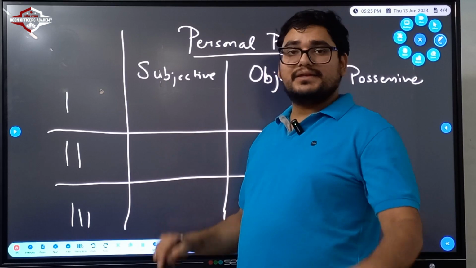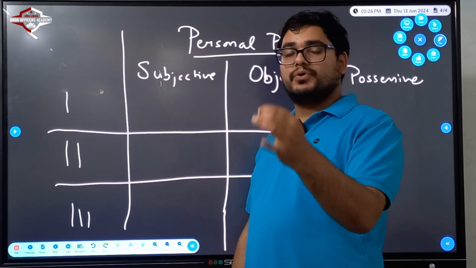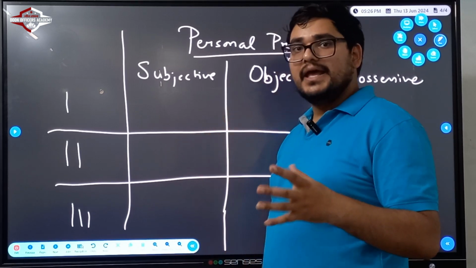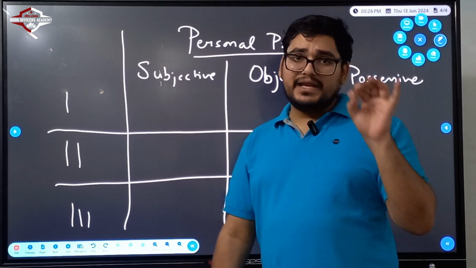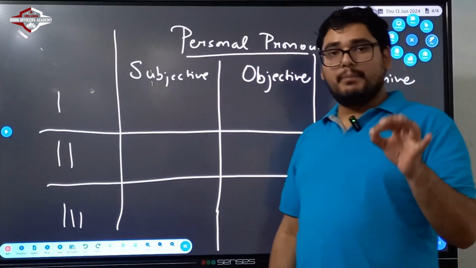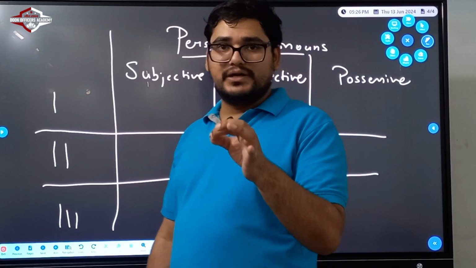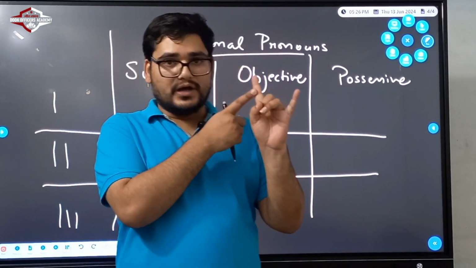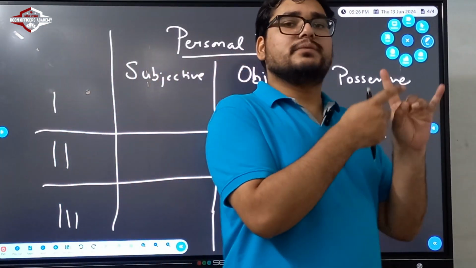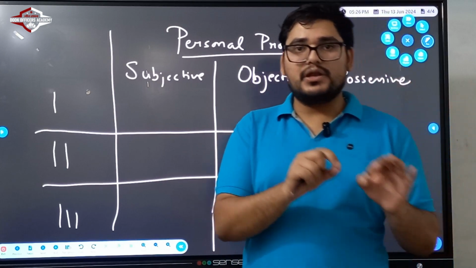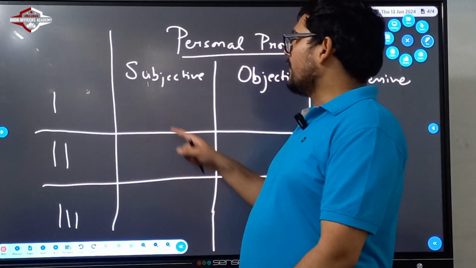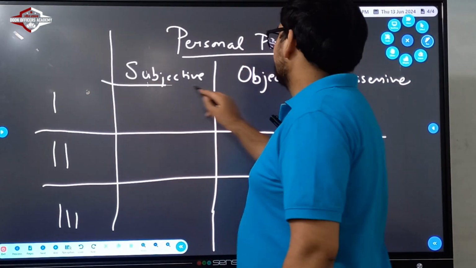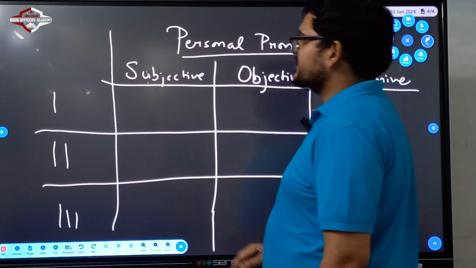You need to keep in mind that in pronouns, we also have singular pronouns and plural pronouns. In the English language, we have number, that means singularity and plurality, in nouns, pronouns and verbs. So nouns, pronouns and verbs can be singular and plural. So subject, subjective, objective and possessive case.